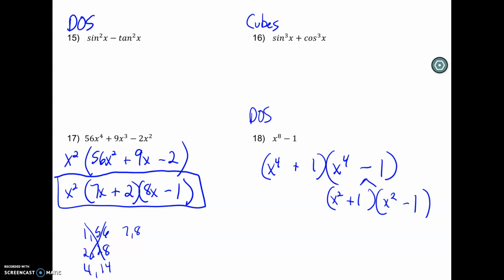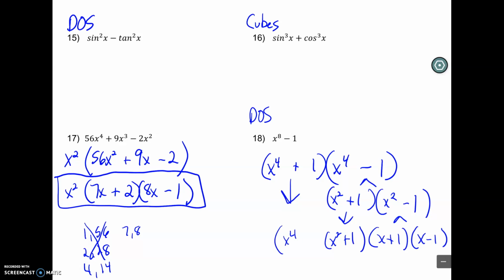Once again, this can be broken down even farther to x plus 1, x minus 1. And that's as far as it can go. So let me bring stuff down. We've got this. I can bring this guy down, and I can bring this guy down. So my final answer has about 4 sections, and it is completely factored.